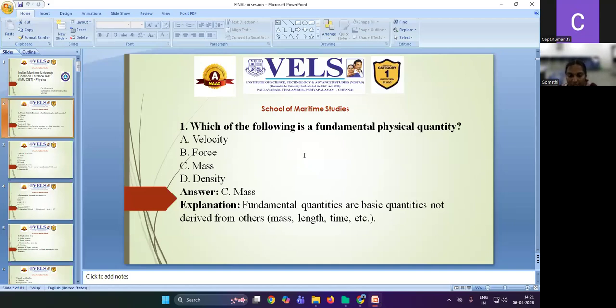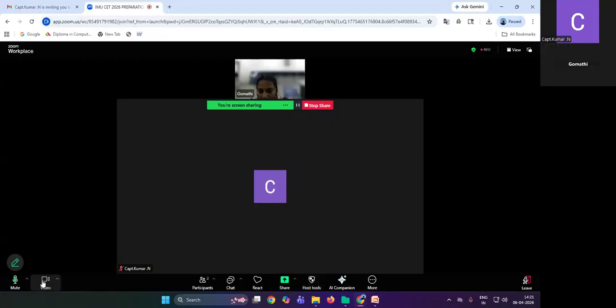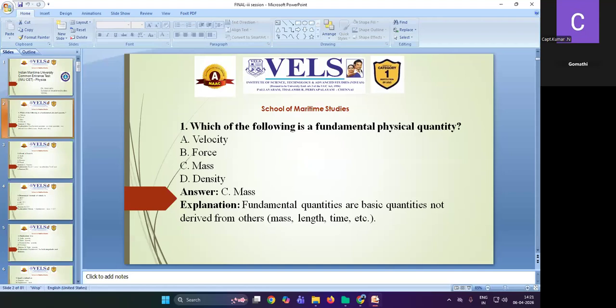First question is, which of the following is a fundamental physical quantity? Option A is velocity. Option B is force. Option C is mass. Option D is density. The answer is mass.